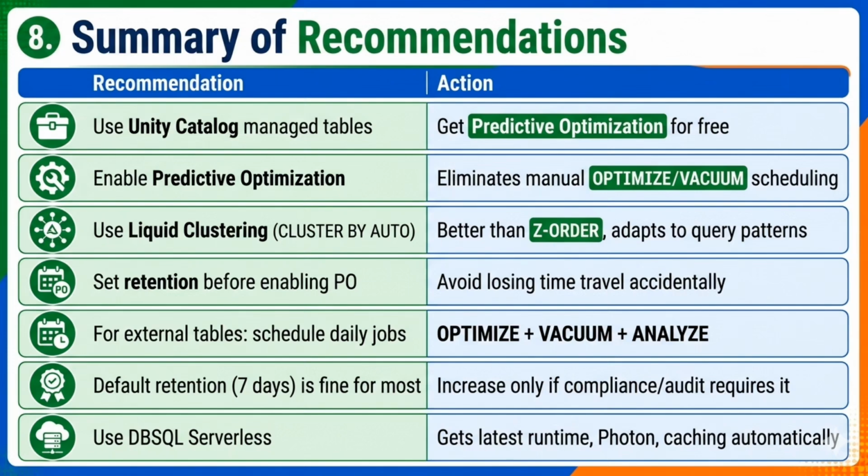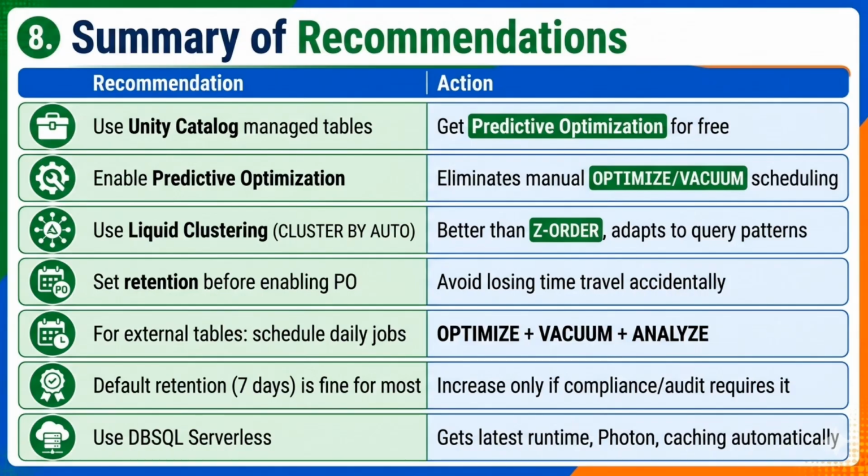So, to summarize, use Unity Catalog Managed Tables and take advantage of free predictive optimization. Enable predictive optimization to eliminate manual optimize and vacuum scheduling. Use liquid clustering or cluster by auto instead of relying solely on Z-order, especially when query patterns change. Set your retention period before enabling predictive optimization.